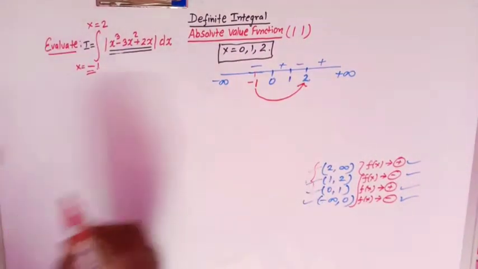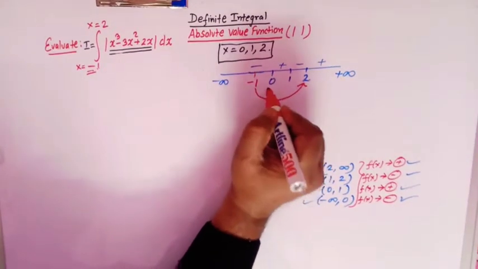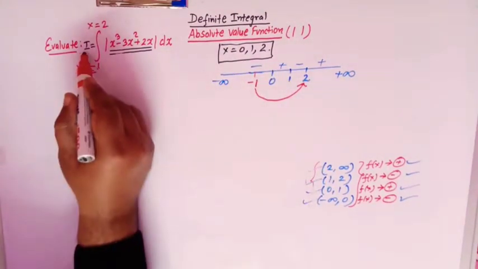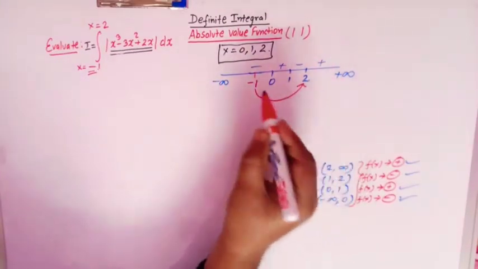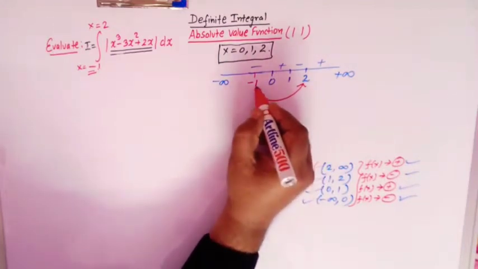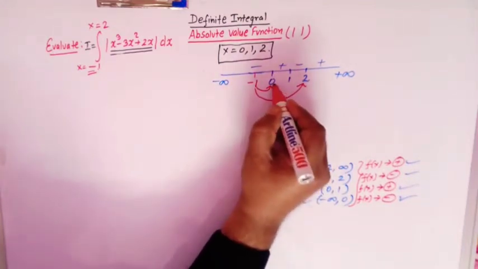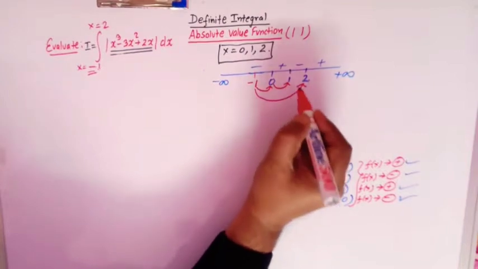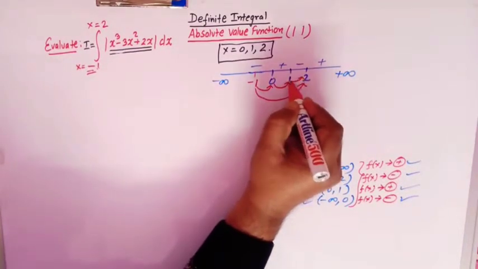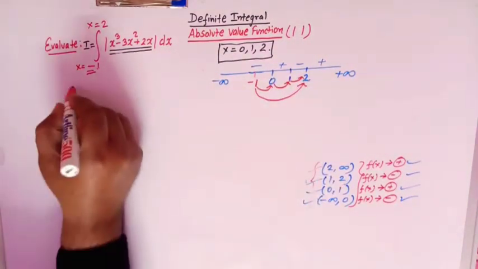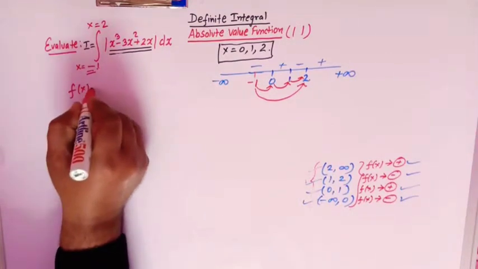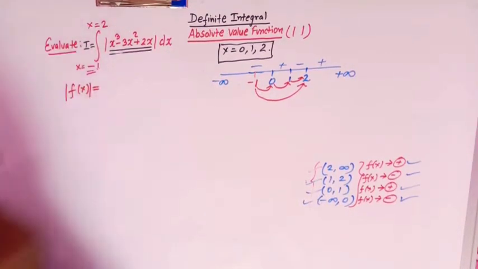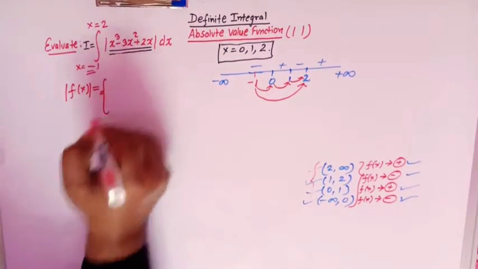So what we will do, we'll break our integral I into the sum of 3 integrals. One is from minus 1 to 0, the second one is from 0 to 1, and the third is from 1 to 2, right?